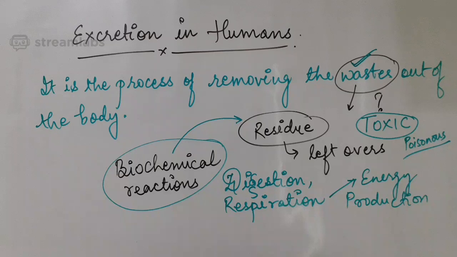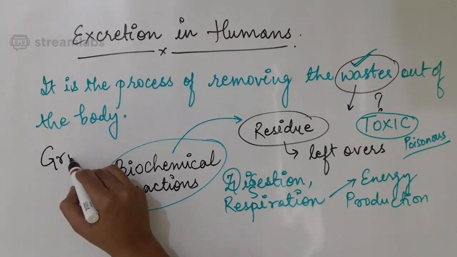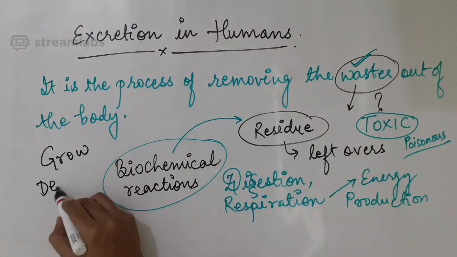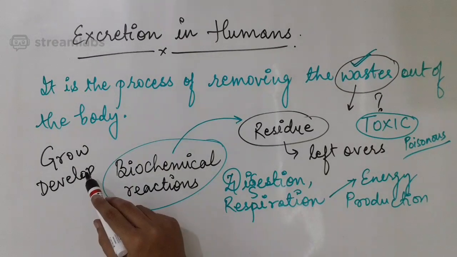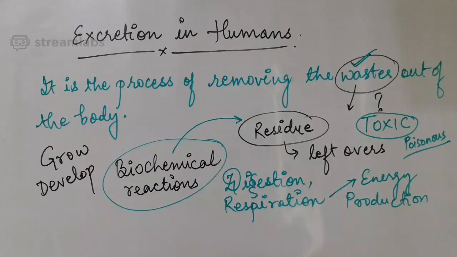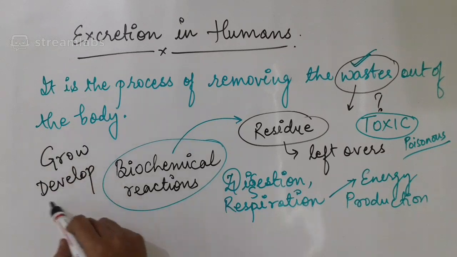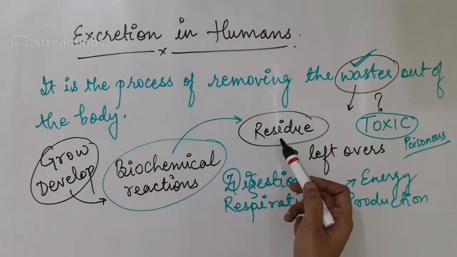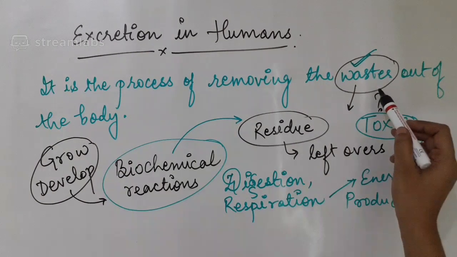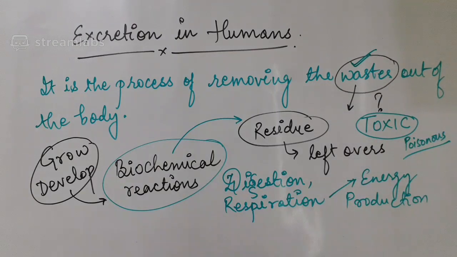As you know, our body grows and develops. Growth means increasing the number of cells, and development means maintenance of that number of cells. So for these two processes, chemical reactions are occurring inside the body which give off some residue, and these are waste products or toxic substances.